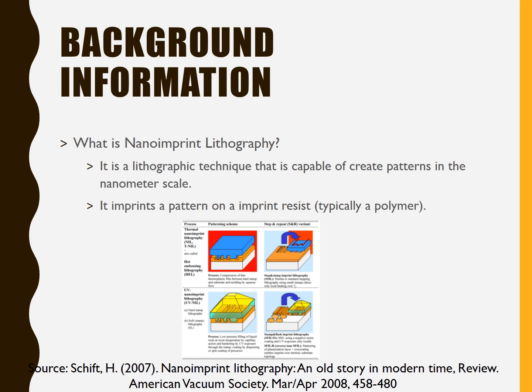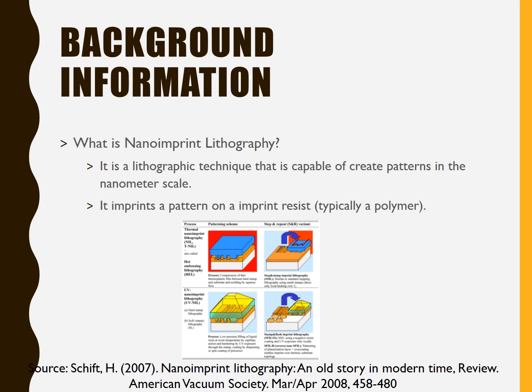Here this picture is showing two of the fundamental types of nanoimprint lithography. The first one is showing the thermal nanoimprint lithography process, so it works with thermal conditions, and here we have the ultraviolet nanoimprint lithography, that is also known as UV NIL.